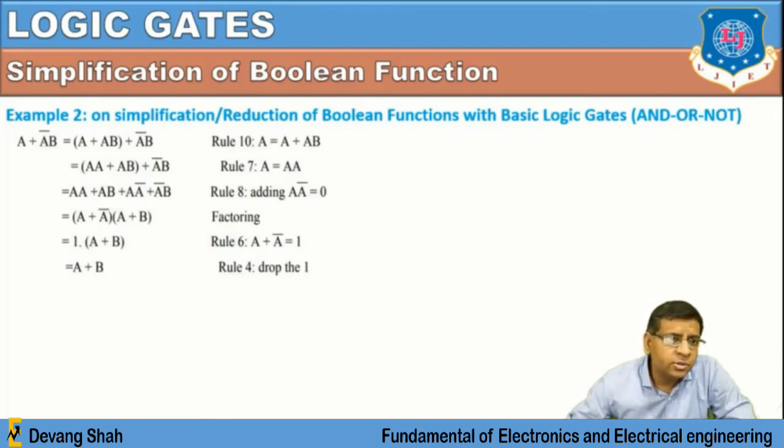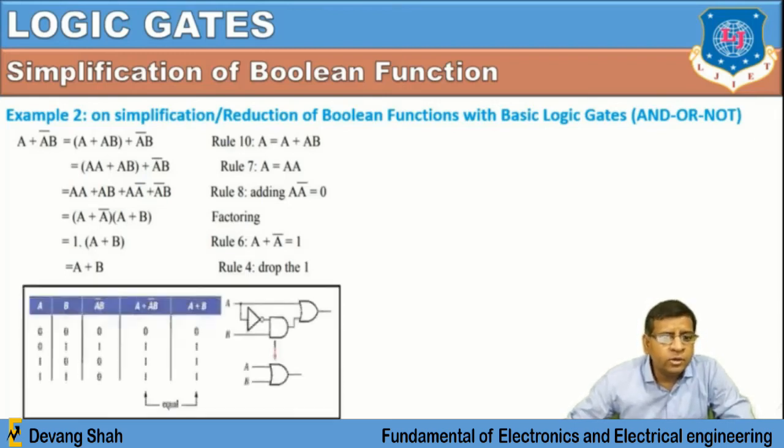So A plus A bar into B you can implement with the help of three gates, AND, OR, and NOT, but at the end you can realize the output with a single OR gate, right? From this truth table, you can check that A plus A bar B and A plus B both have the same answer.